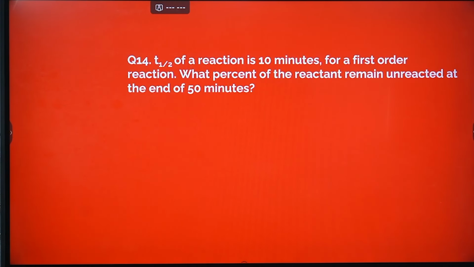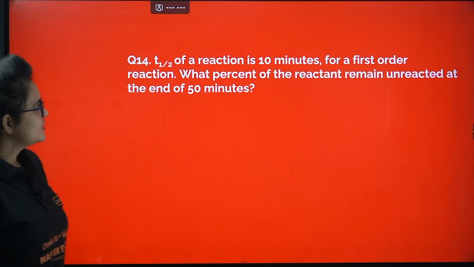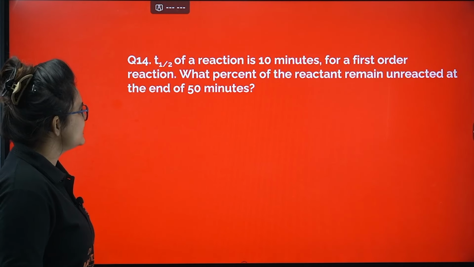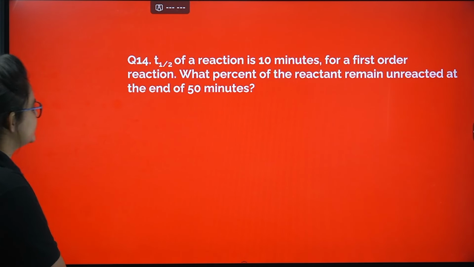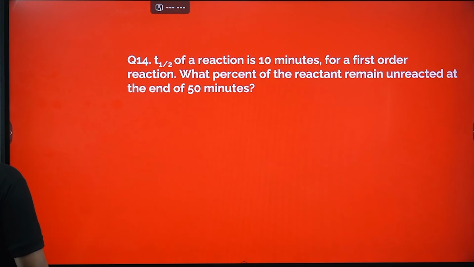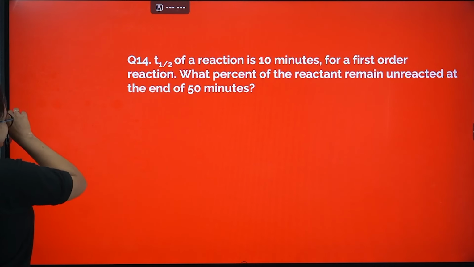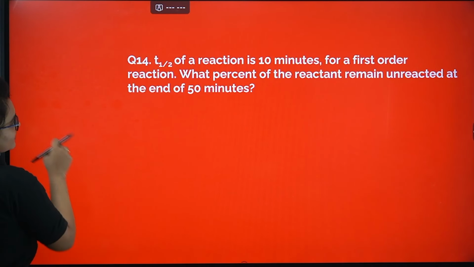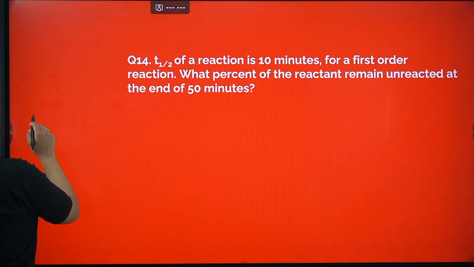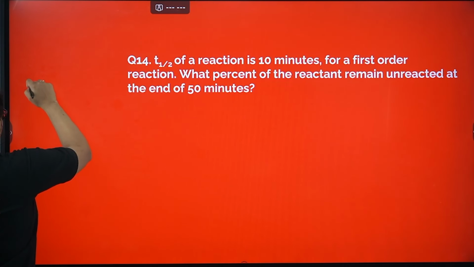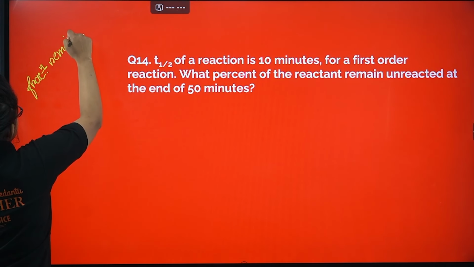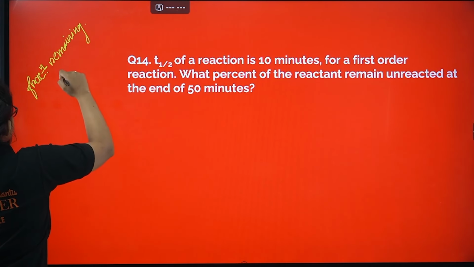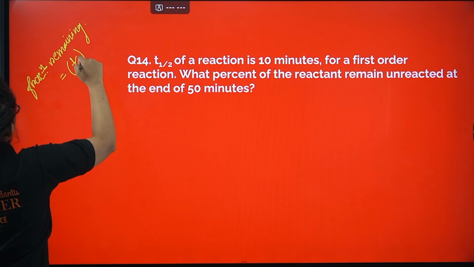T half of a reaction is 10 minutes. For a first order reaction, what percentage of a reactant remains unreacted at the end of 50 minutes? Okay, let's go ahead with the problem. There is a formula basically, remember this formula. Fraction remaining is basically half power n.